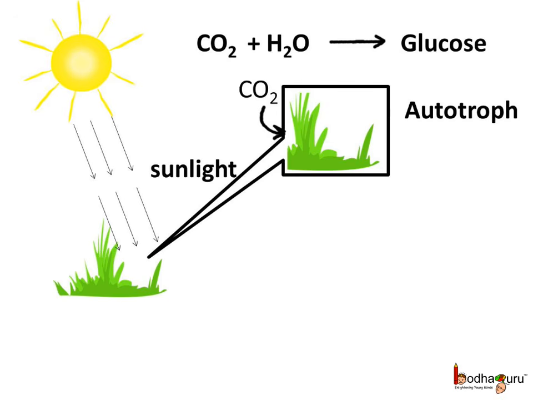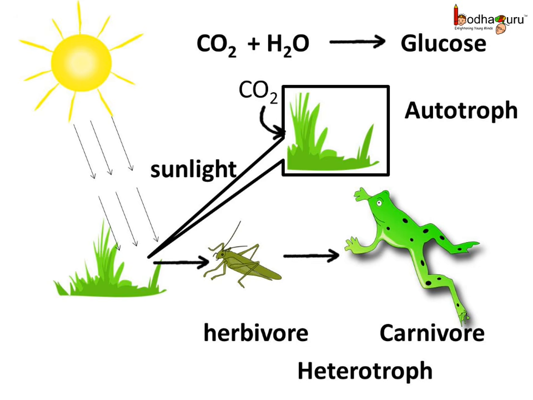Hence, the green trees are autotrophs, meaning they can make their own food. The animals, including the human beings, depend on the plants directly or indirectly for the food. Hence, they are called heterotrophs. Hetero means others, so heterotrophs depend on others for food.